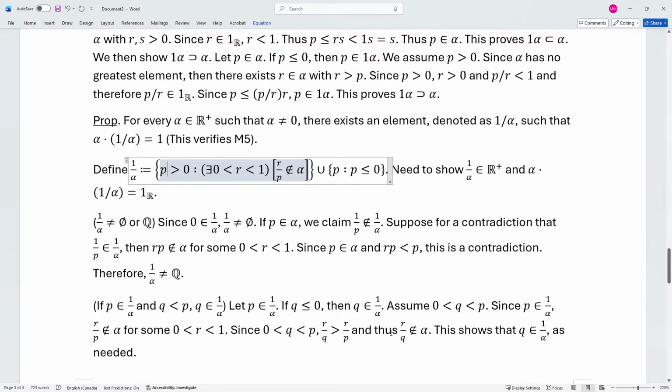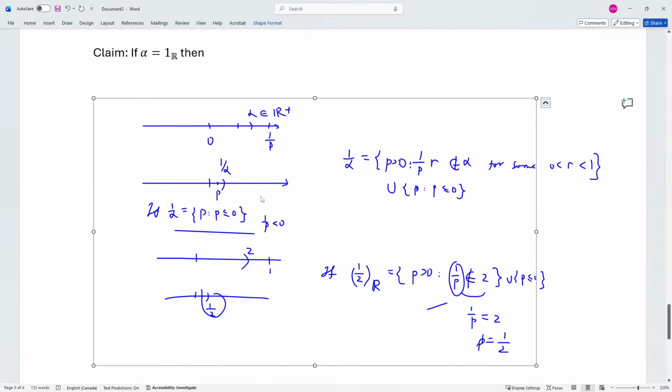How do we show that there is something positive in there? Alpha is here. So we need to construct an element.